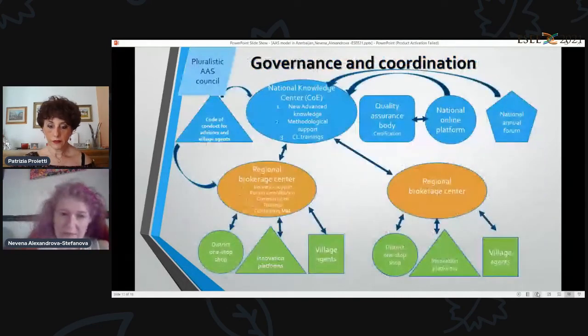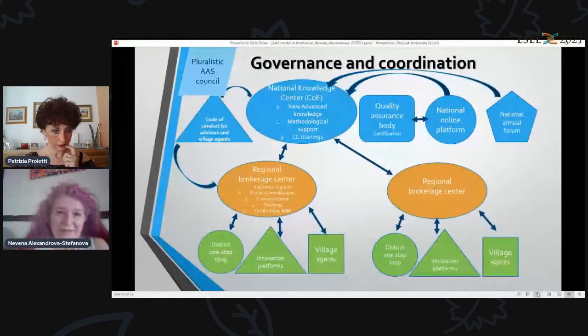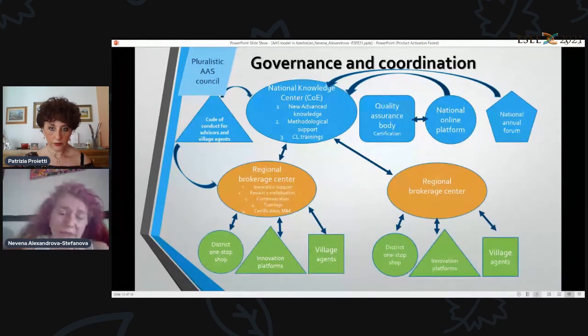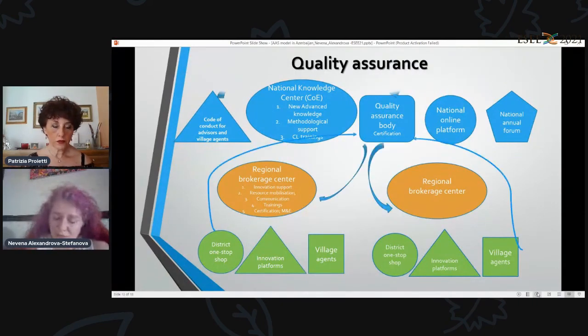So how this can work in terms of governance and coordination, and I limited my talk to certain aspects and mechanisms of the model only for the purpose of this session. As you see, there is a lot of interaction between different institutions, different bodies, and this is exactly what we wanted to do, to stimulate different interactions.